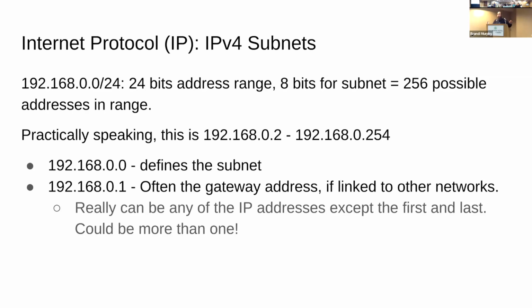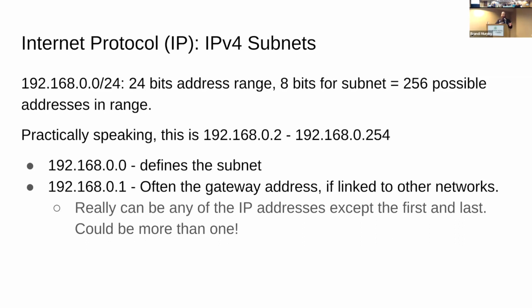If the network also is linked to other networks, you will need an IP address assigned to be able to send traffic to that other network. That's often referred to as a gateway. And so you'll need at least one IP address assigned to that gateway. For a lot of the Class Cs, that's how you're going to see it. It's just with one gateway. But do know that it is possible to have more than one.